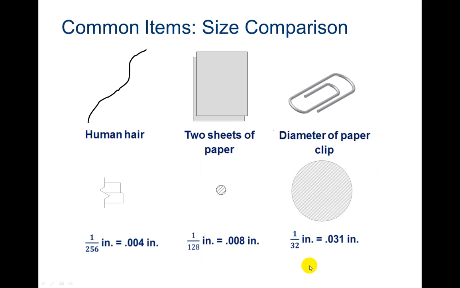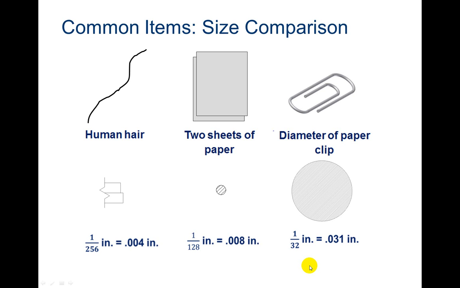All right, so some size comparisons, just to kind of visualize: a human hair is 0.004 inches, which is 1/256th of an inch. 2 sheets of paper would be 1/128th of an inch, which is 0.008 inches.